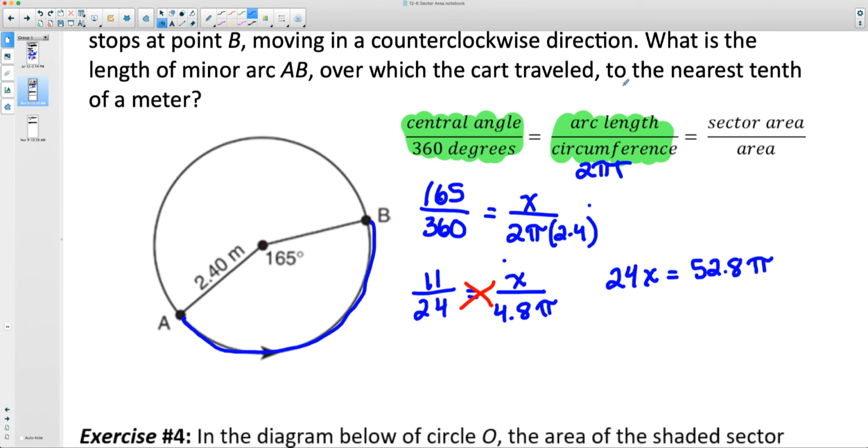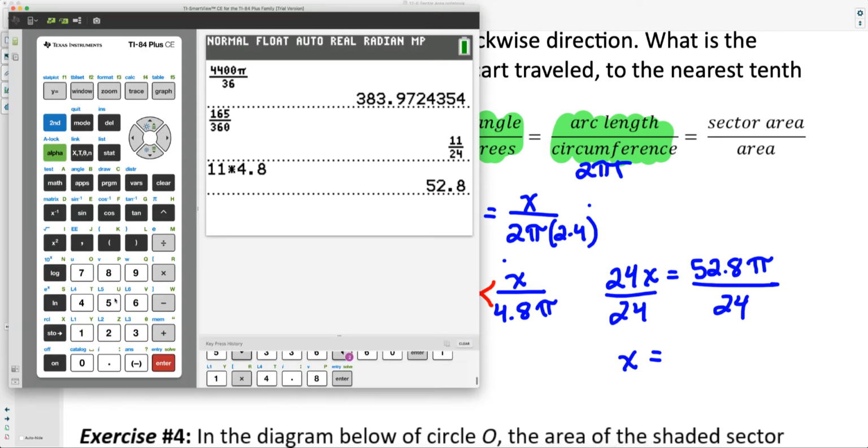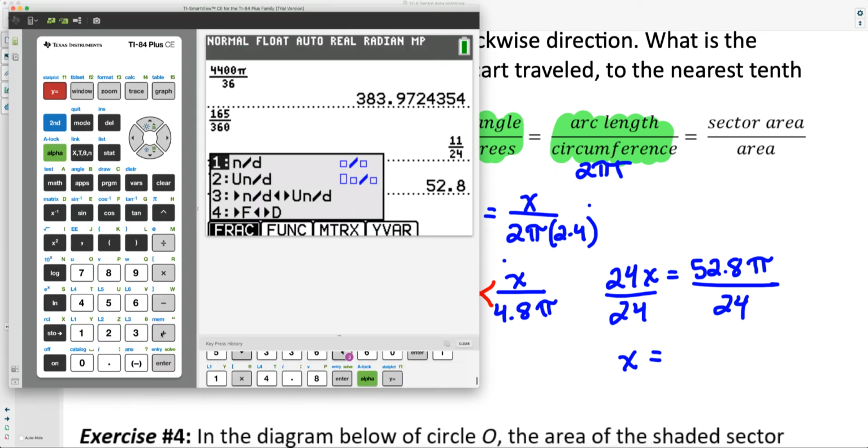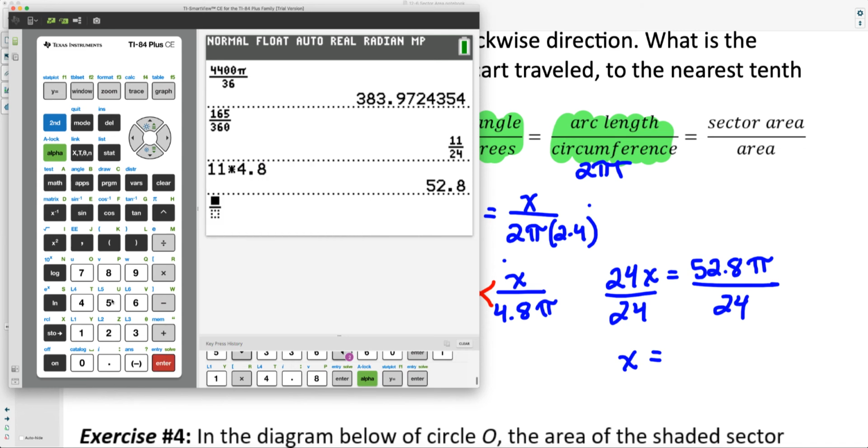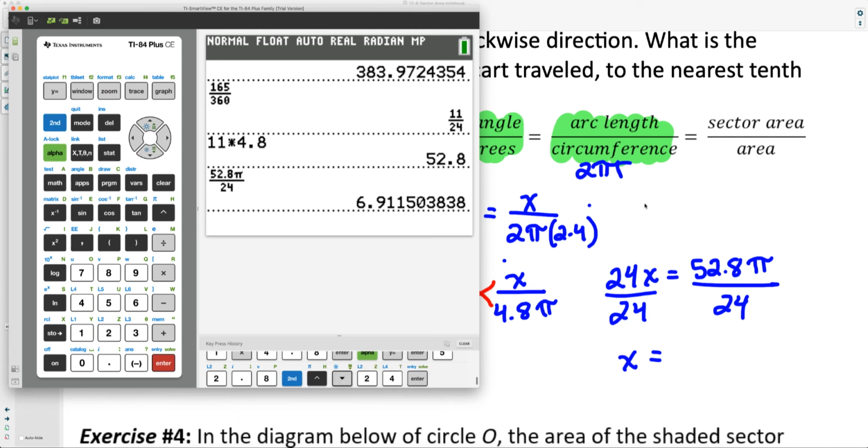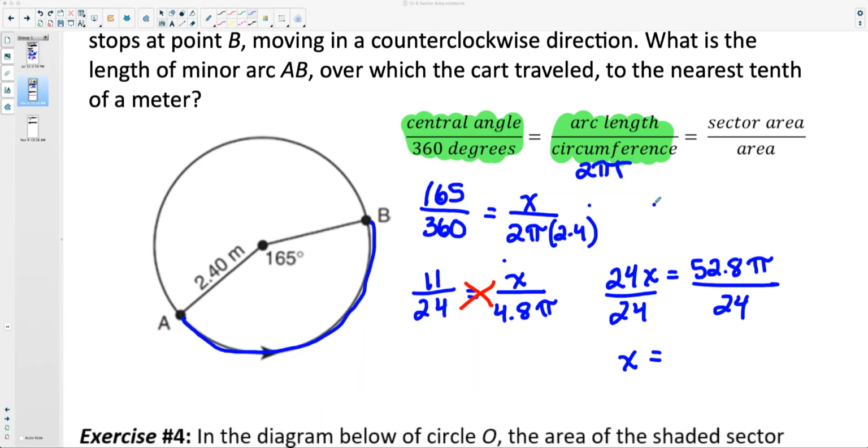And we're going to round to the nearest tenth of a meter, so let's divide both sides by 24. Let's put it exactly as we see it: 52.8 pi divided by 24. Let's hit enter, and to the nearest tenth would be 6.9. So 6.9 meters.